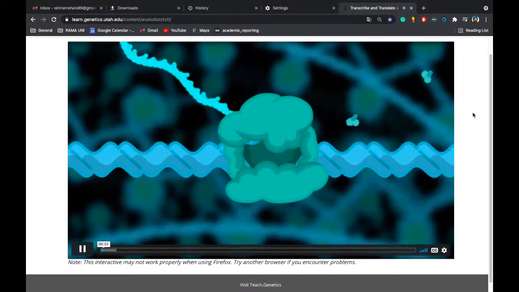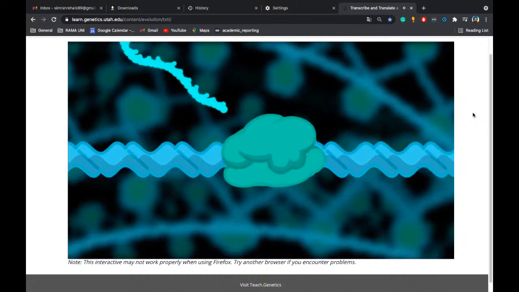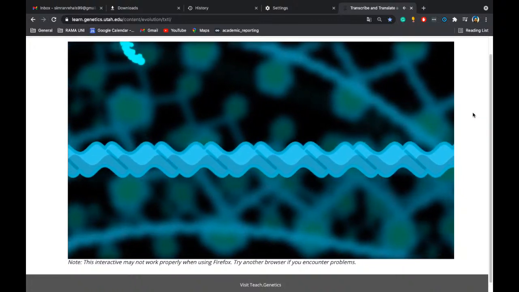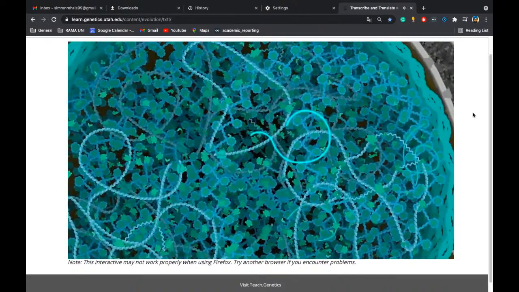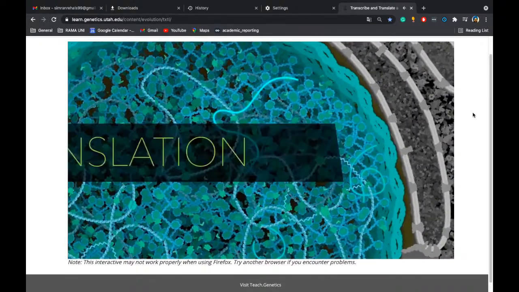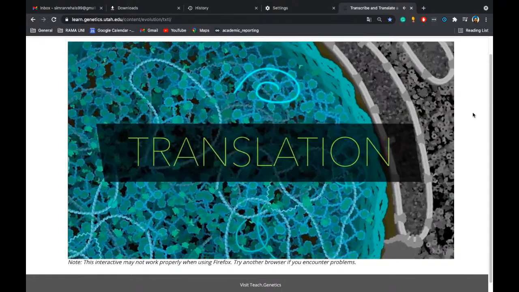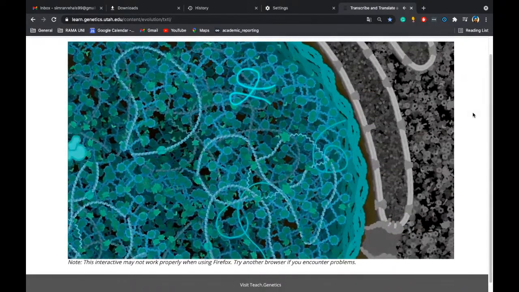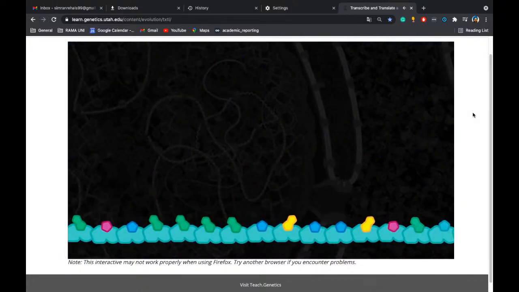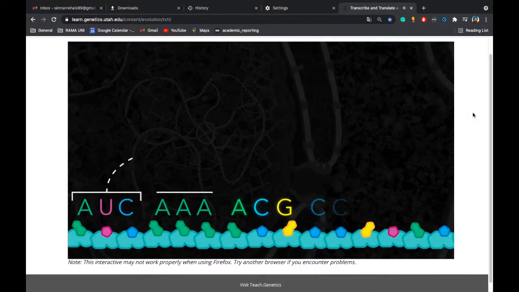When the end of the gene is reached, transcription is complete. The new strand of mRNA passes out of the nucleus and into the cytoplasm, where translation takes place. The instructions in an mRNA strand are read in groups of 3 bases called codons.